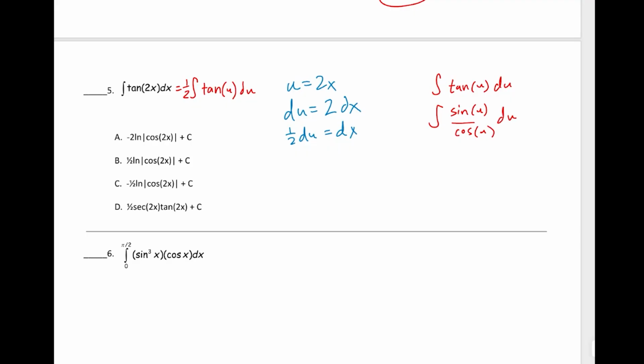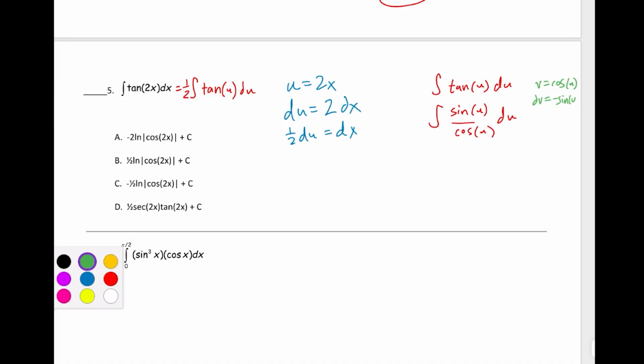Okay, and well, you know what we're going to have to do is another substitution here. What should I pick? I guess I'm going to pick v. So v would be cosine u. So dv would be negative sine u du.